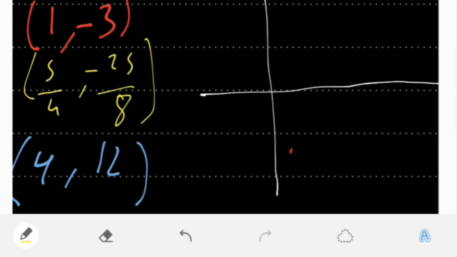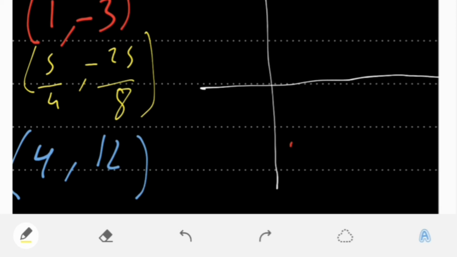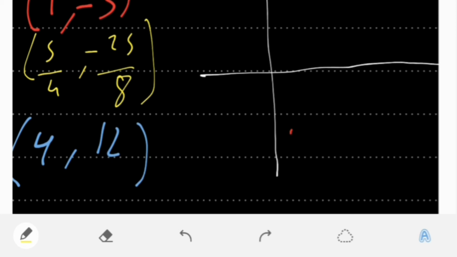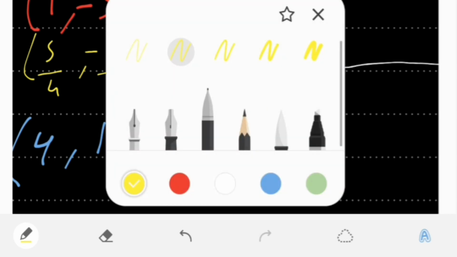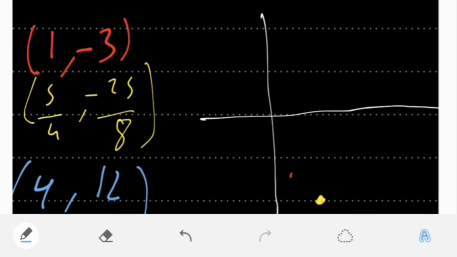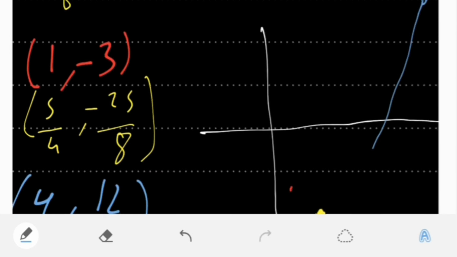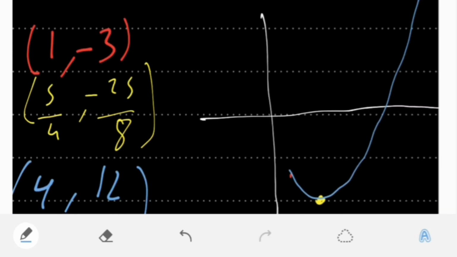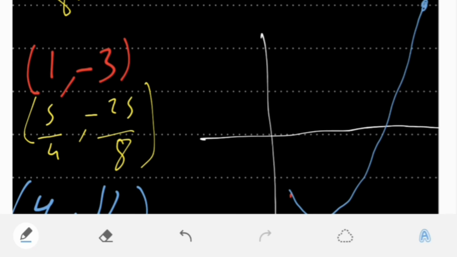And minus 25 divided by 8 is slightly smaller than minus 3. So it is this point over here. And 4 and 12. 4 is a bit over here, and 12 is over here, okay? So this would be our graph, okay? Something like this, this point included.